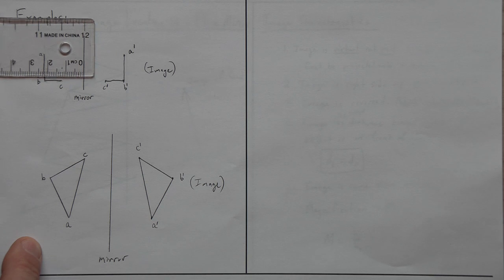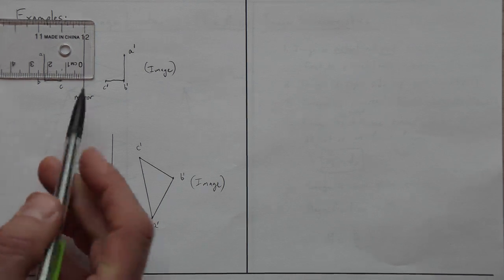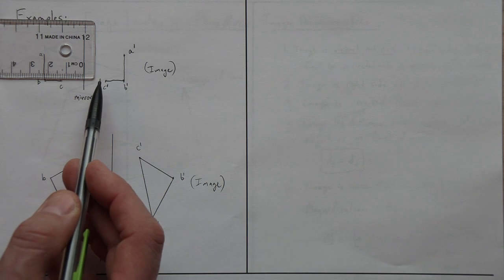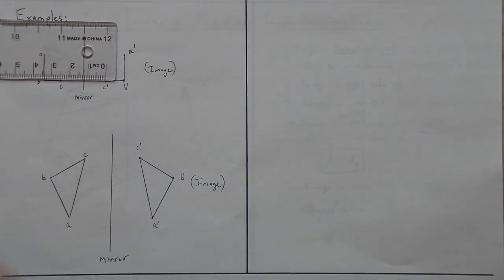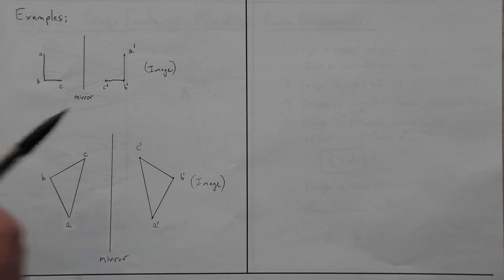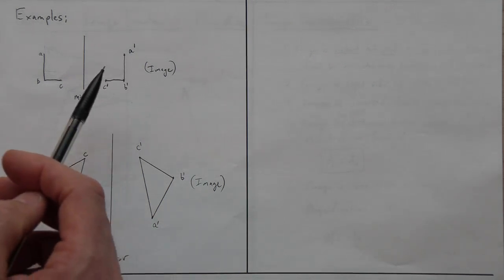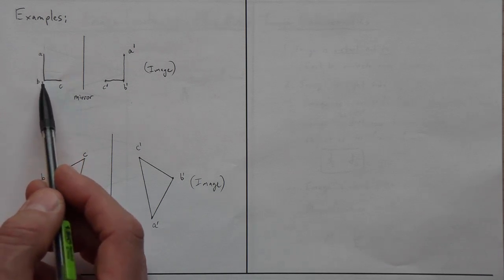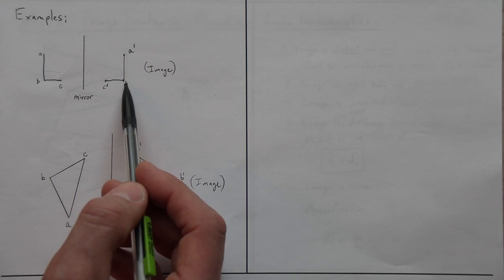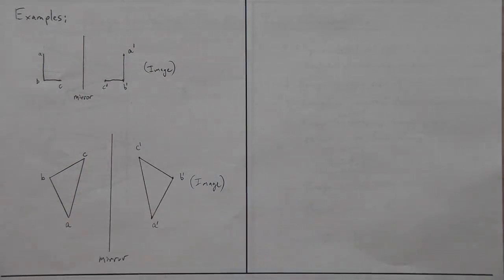So that means that C prime, the image of that, is reflected 1.2 centimeters behind the mirror. Then I have these 3 dots, A prime, B prime, C prime, and I realize that the letter is A to B to C, so I go A to B to C, and there's the image. So it's a quicker way rather than all that ray tracing business.